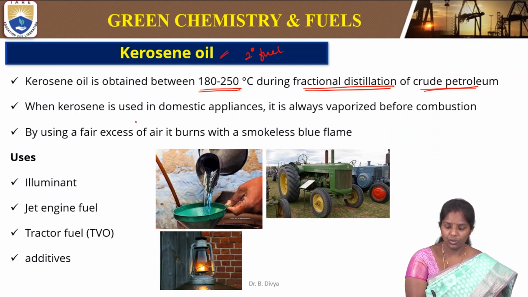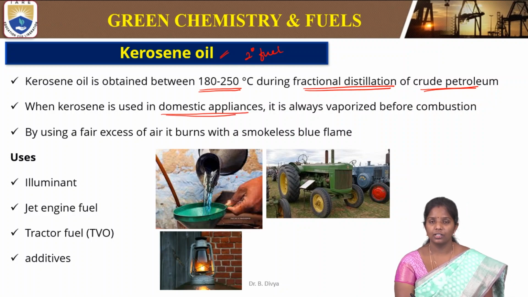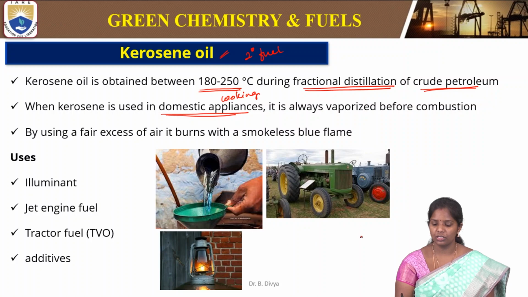When kerosene is used in domestic appliances, for example, in traditional ways we used kerosene for cooking purposes. Whenever it is used, it is always vaporized before combustion.